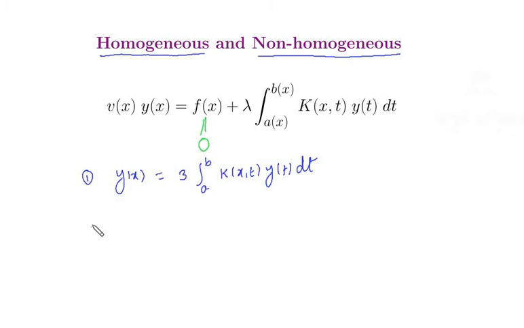For the second one, y of x is equal to, say, integral from sin x to 2 of t square y(t) dt. The only care you have to take is that this function f(x) has to be 0, then it is called a homogeneous integral equation.